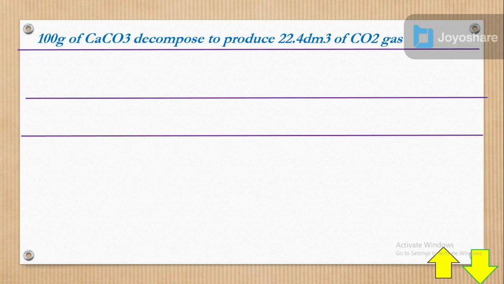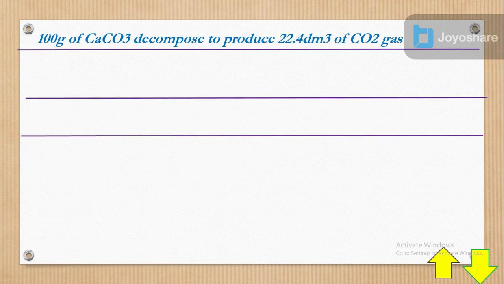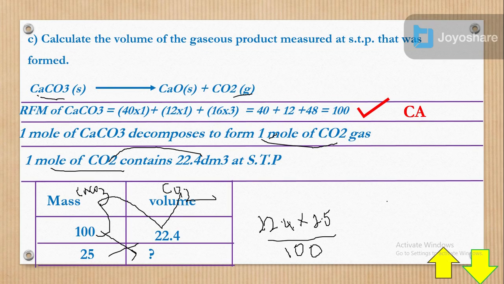So we're now comparing from this. Now say that 100 grams of calcium carbonate produces 22.4 decimeters cubed of carbon dioxide. That's where you're getting it from. Okay, 100 grams of calcium carbonate decomposes to produce 22.4 decimeters cubed of carbon dioxide. The next step is 25 grams of calcium carbonate will produce, then we see the way forward.